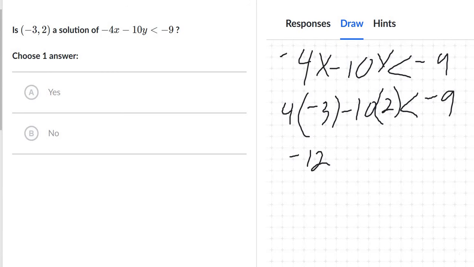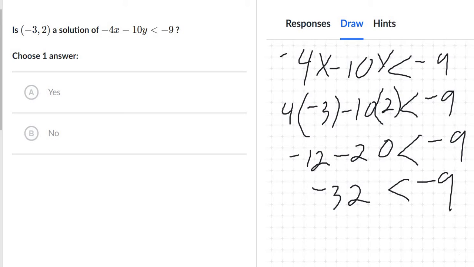So we get negative 12 minus 20 less than negative 9. Remember, if you don't have adding and subtracting with negative numbers down pat, check with your calculator. Use it. This is going to be negative 32, which is indeed less than negative 9. So this point is a solution to this inequality.